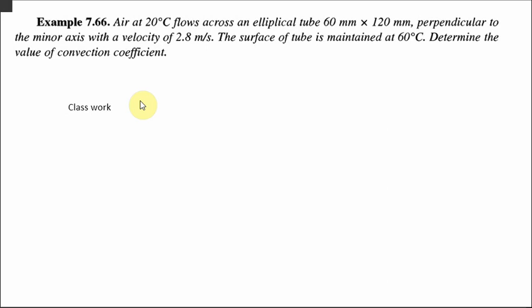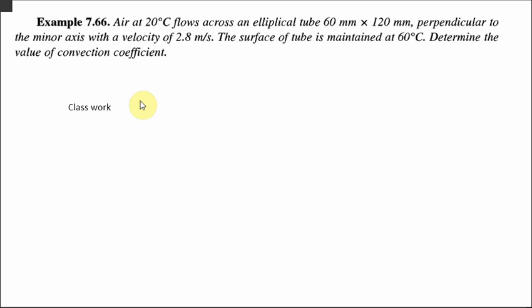So here we just need to calculate the value of h, and it is an elliptical tube. It is not a cylinder or a circular tube, so I will tell you the methodology. On page number 124, you can see flow over non-circular shape. The Nusselt number correlation is given as 1.1 C1 Re raised to n Pr raised to 0.33.